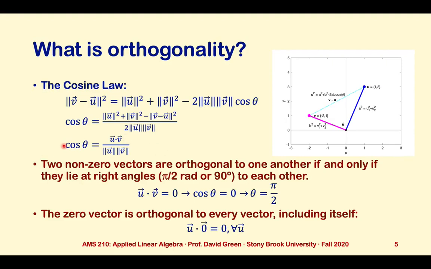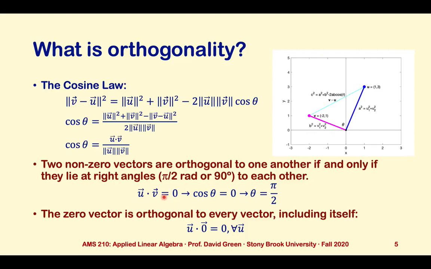This relationship between the angle and the dot product directly leads to a requirement that two non-zero vectors can be orthogonal to one another if and only if they are at right angles to each other. That is, the angle between them is pi over 2 radians, or 90 degrees.